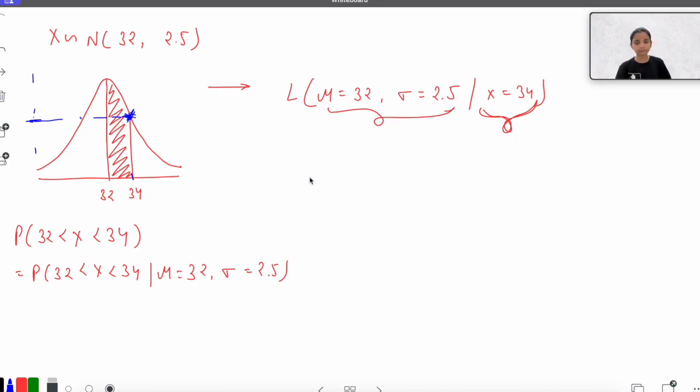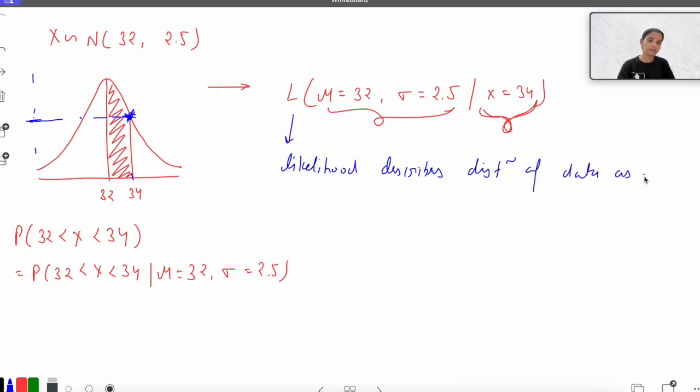Okay, and when you are doing statistical inference, when you are finding the likelihood, then the likelihood describes the distribution of data as if we knew the parameters.